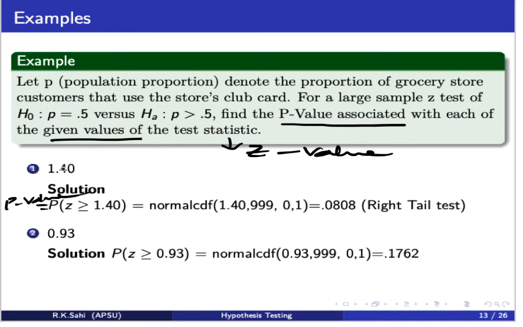Now, that means it is the normal CDF, and you guys all know how to do it. Z is greater than or equal to. Remember, this is the way you're looking at. Your P is 0.5 and the Z hypothesis is 1.4. That means we are somewhere where Z is greater than or equal to 1.4.